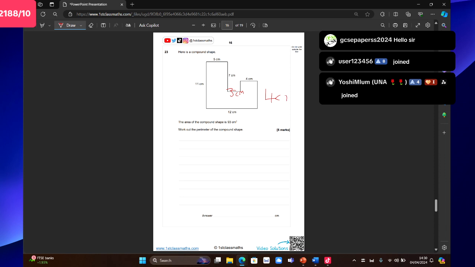So now we just need this side length here. But we can work out the areas of these here. So let's make it into rectangles if we can. 11 times 5 is going to be 55 centimeters squared.